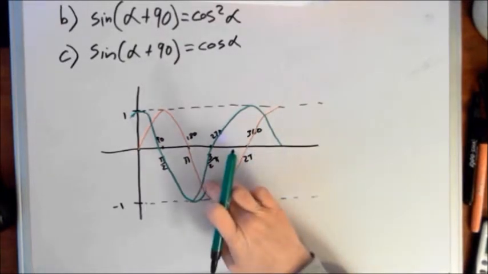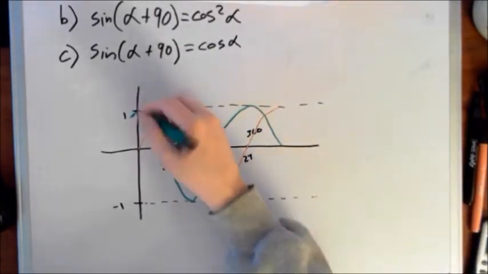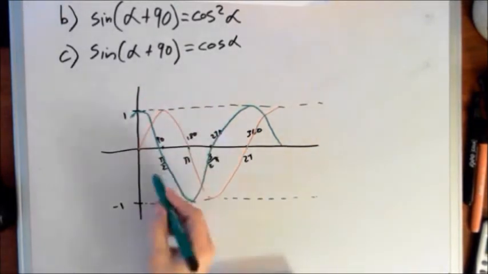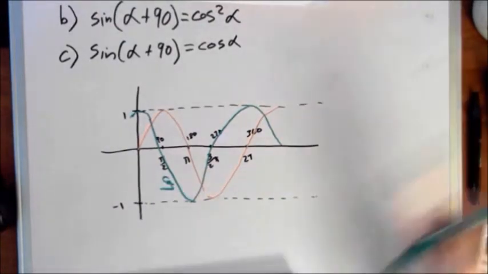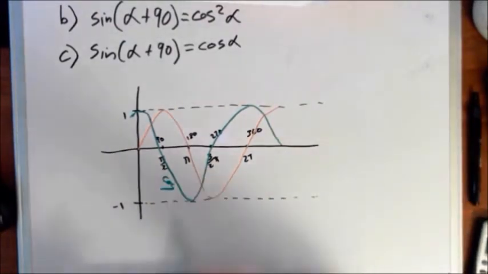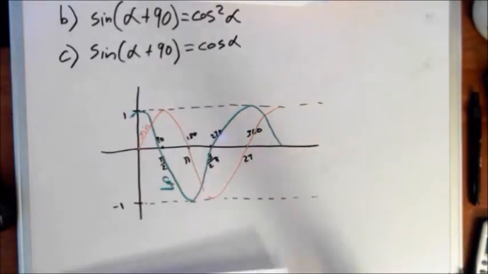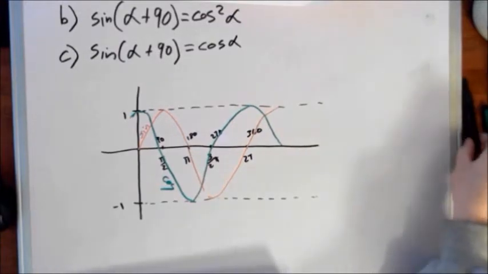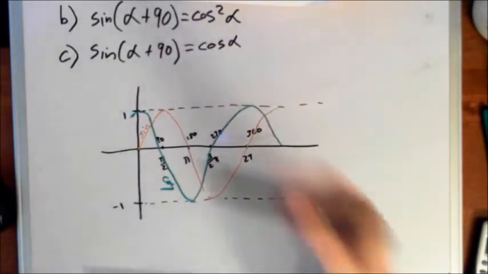Well, my graphs aren't always very pretty, but you see what I'm saying. So the green is cosine, and the orange is my sine function.